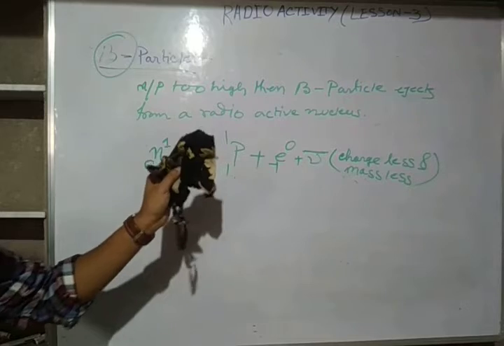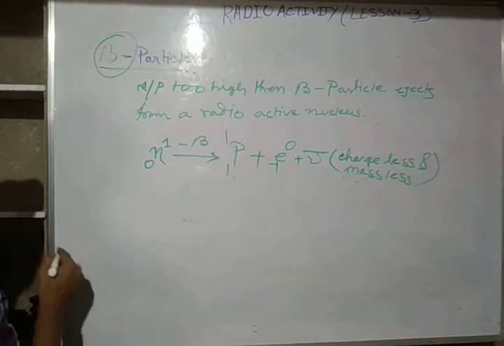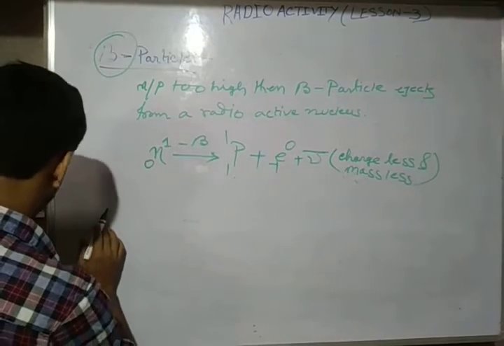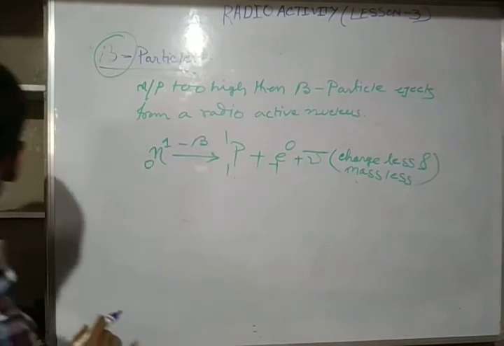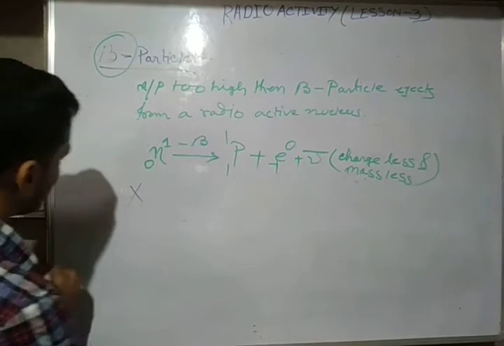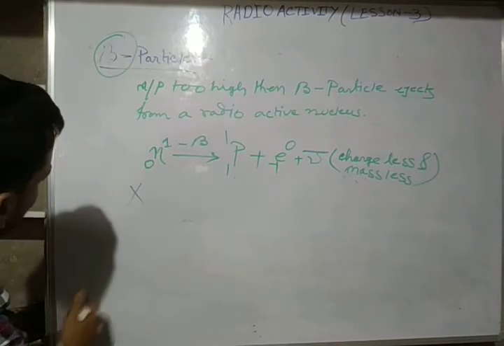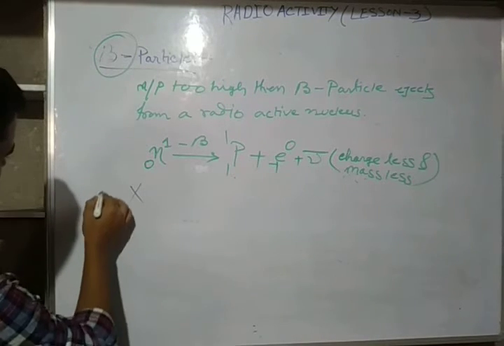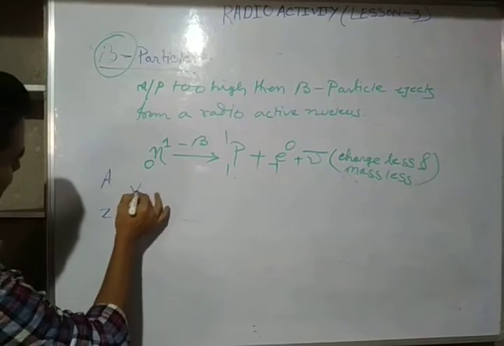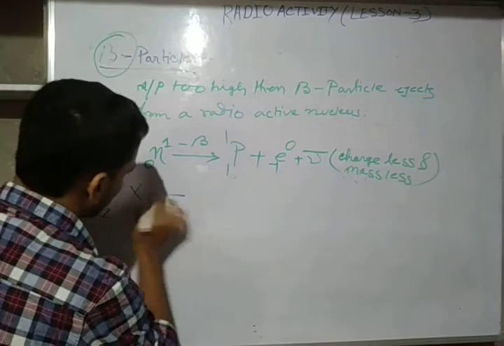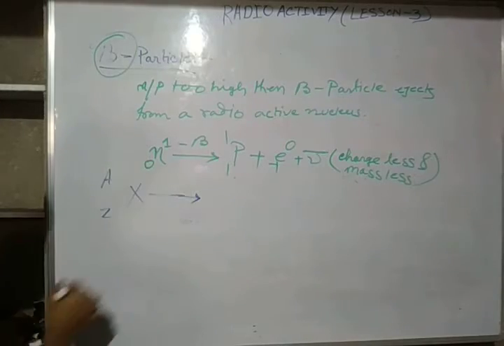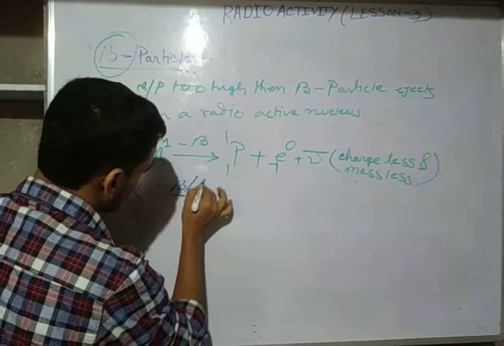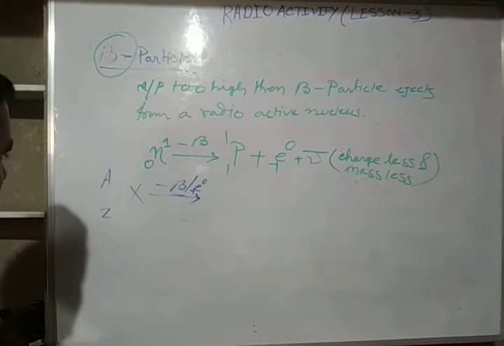Let's take an example with a radioactive nucleus. Let X be a radioactive nucleus, Z is atomic number, A is mass number, it is the parent radioactive nucleus. A beta particle is ejected from it, this is denoted by beta particle.